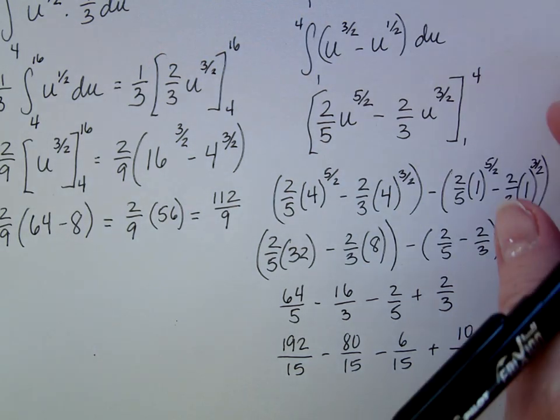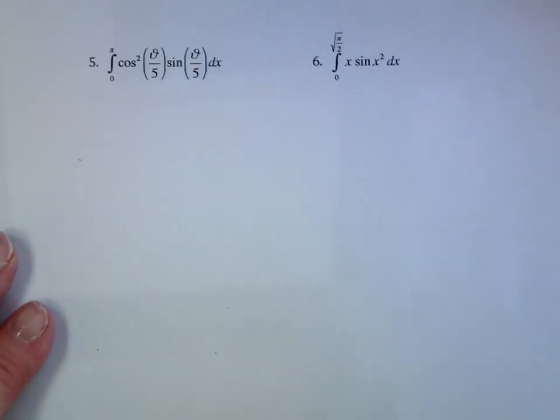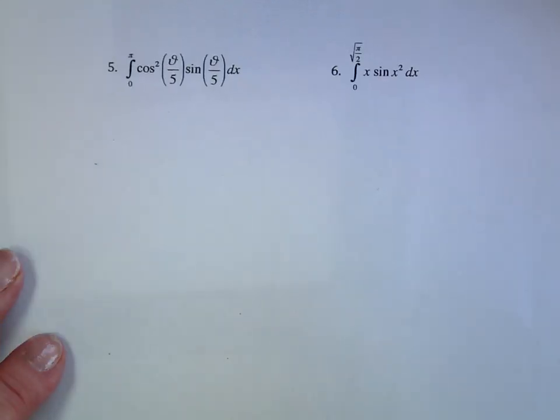All right. That's probably the hardest one right there. Number 5, you've got a cosine squared of theta over 5, you could call it x, you could call it theta, whatever, times a sine of theta over 5. And remember the one that we just did a few minutes ago back in number 2? We chose our u to be just the angle x squared.